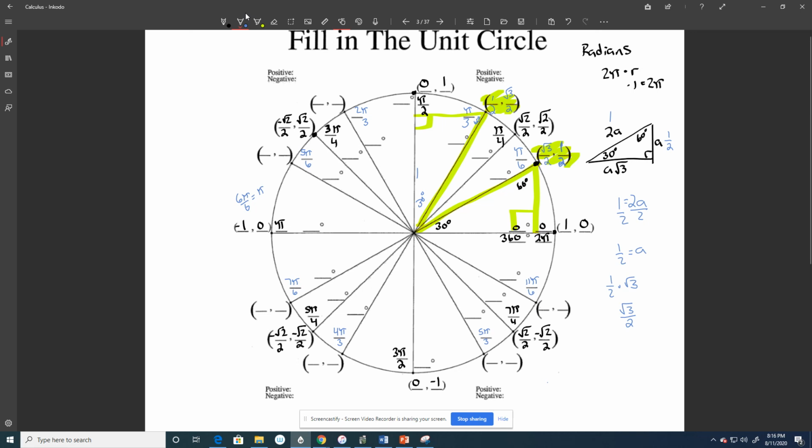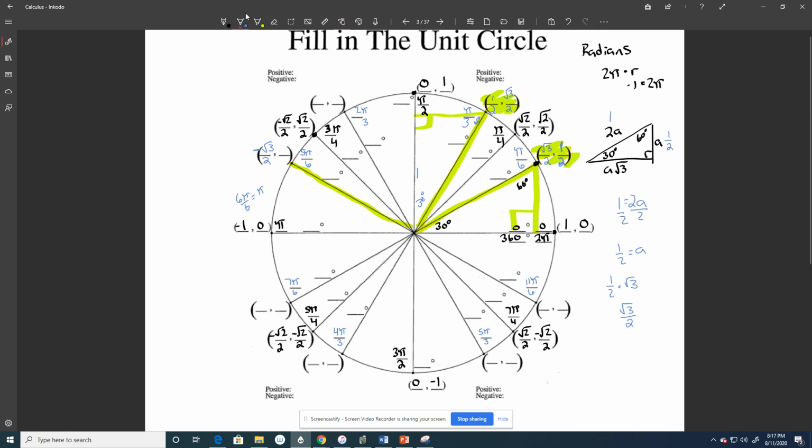Okay. Now from there, you can do the same thing to find all the rest of these unknown coordinates. For example, this one right here, this angle relates to this angle here, this radian. So instead of going to the right root 3 over 2, I'm going to go to the left root 3 over 2, but I've got to do a negative because I'm going to the left.